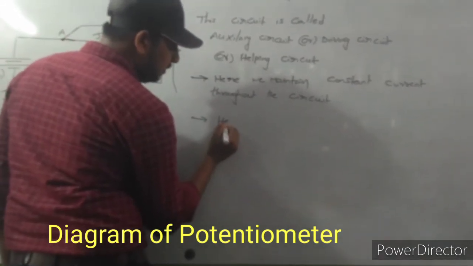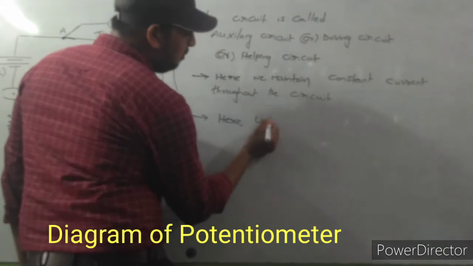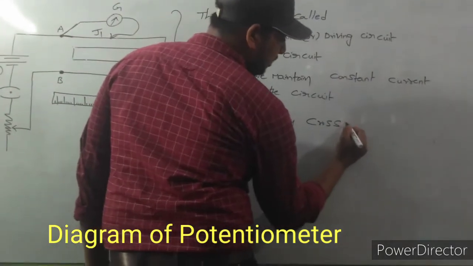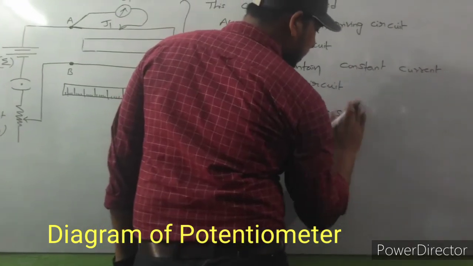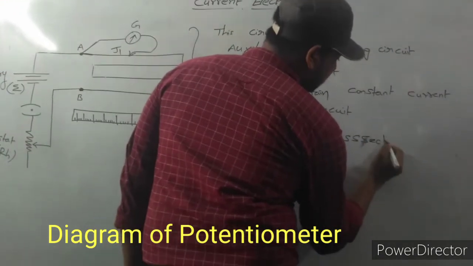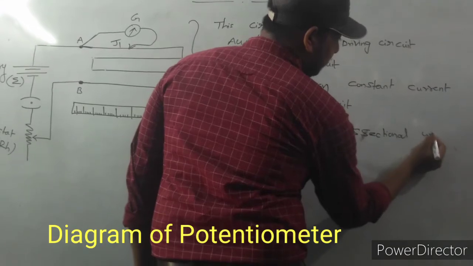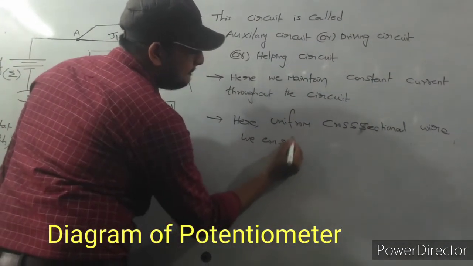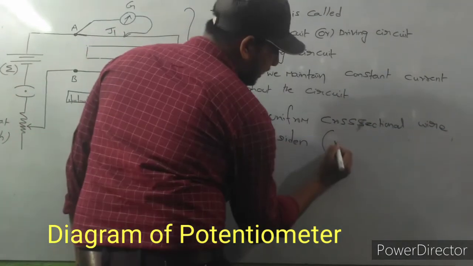Here we consider a uniform cross-sectional wire, which means the area is constant.